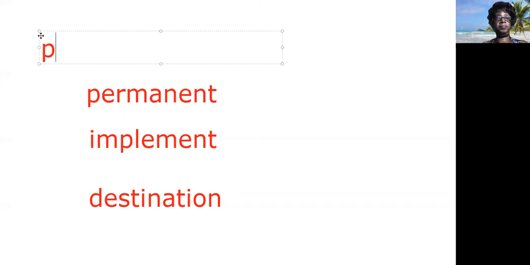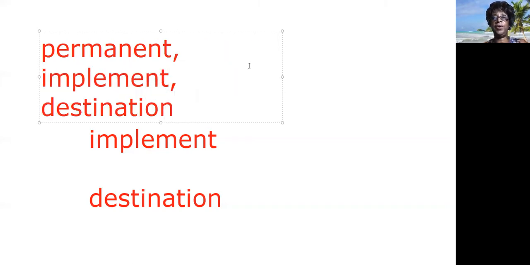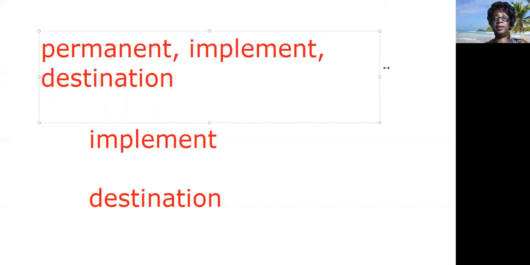So, permanent, implement, and destination. Those are the three words. Now, the next thing that we're going to try to do is actually put these words in the context of a conversation.